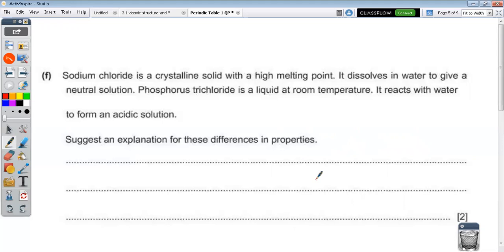And phosphorus trichloride is a covalent bond. Ionic bonding forms basic compounds, clear? Which are alkaline in water. And most of your non-metal compounds form acidic solutions. That's the reason.